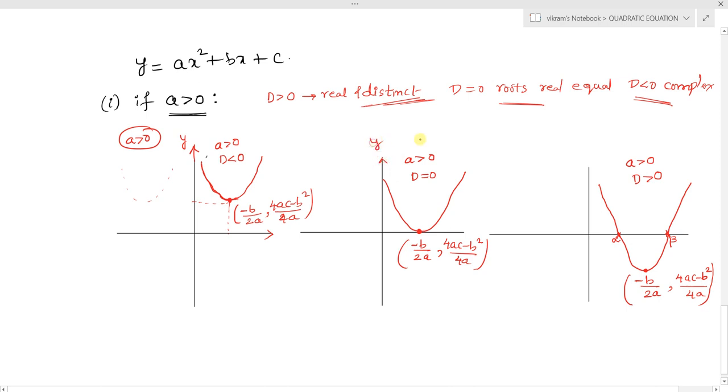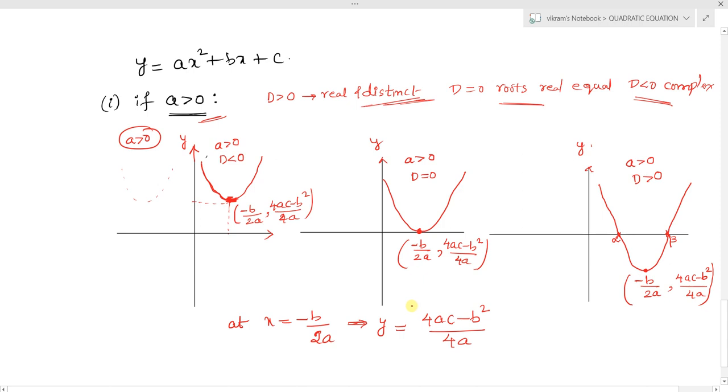So now if a is greater than 0, for the quadratic expression ax square plus bx plus c, whatever the condition, discriminant greater than 0, less than 0 or equal to 0, at x equals minus b by 2a we obtain y equals 4ac minus b square by 4a.